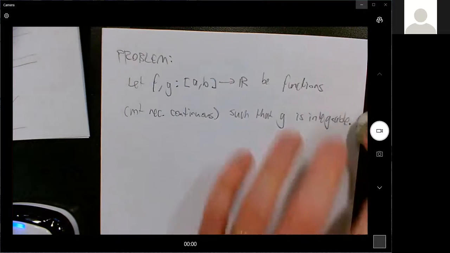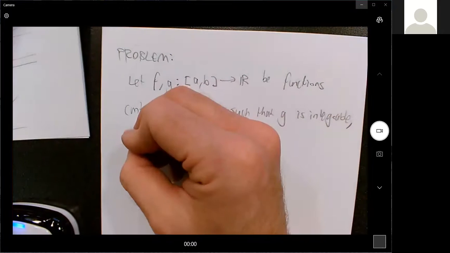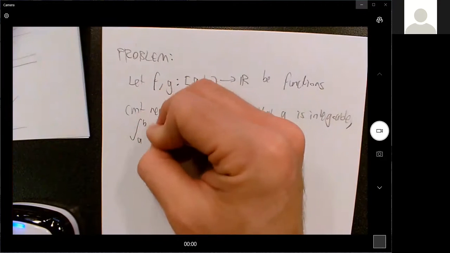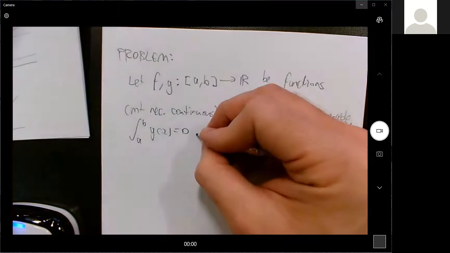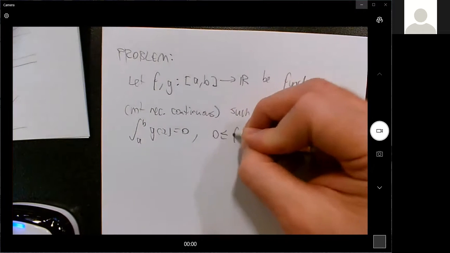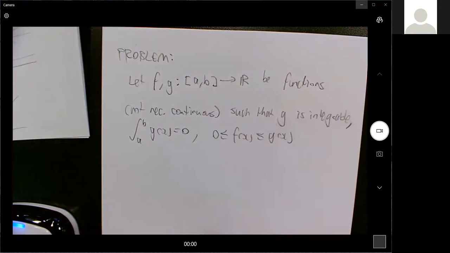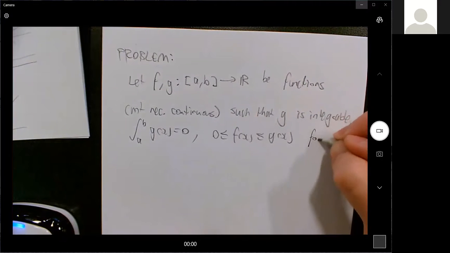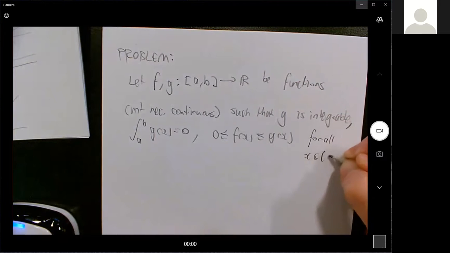Oh, not just g is integrable, okay. g is integrable, and the integral from a to b of g is 0, and 0 is less than or equal to f(x), which is less than or equal to g(x), for all x in [a, b].